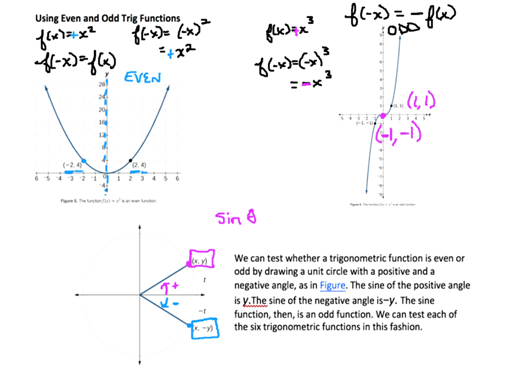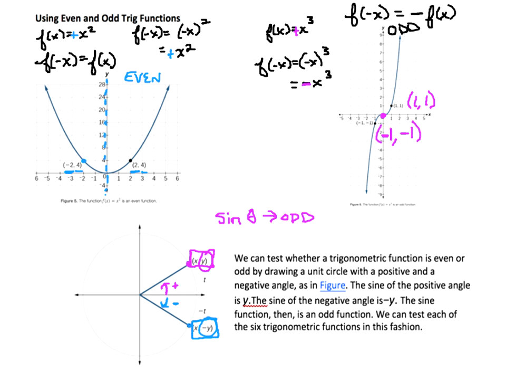So what they're saying is sine of theta, whatever the theta angle is, is considered odd because notice that you have positive y here and the opposite sign, negative y there.